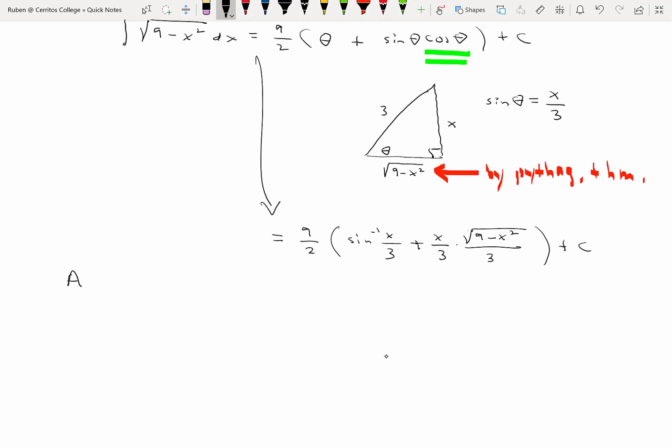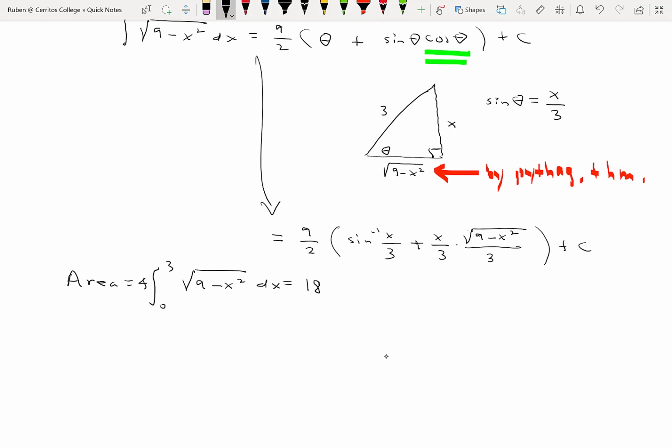So our area equals the integral from 0 to 3 multiplied by 4, so we get all four quadrants, or all four quarters of the circle, of the square root of 9 minus x squared dx. Our antiderivative is right above, so it's 4 times 9 halves, or 18.